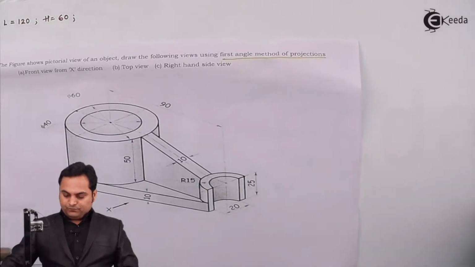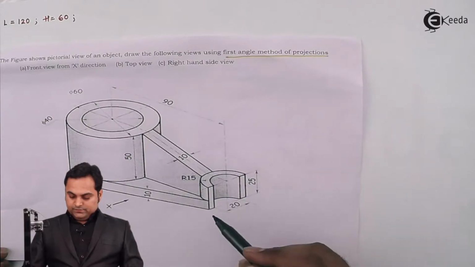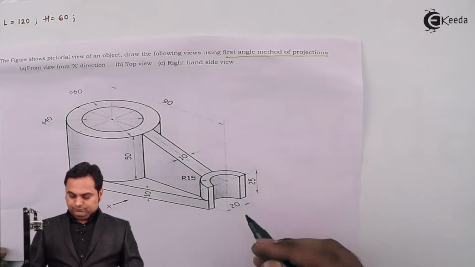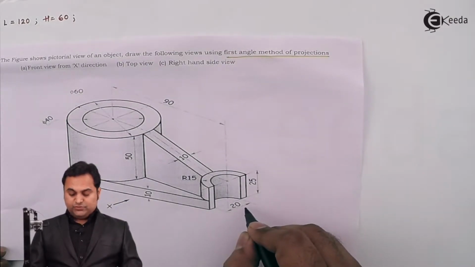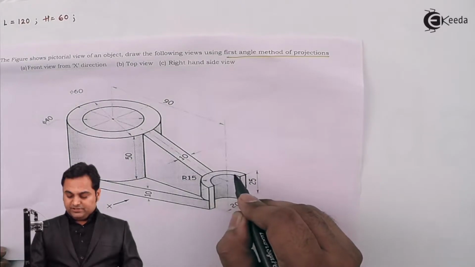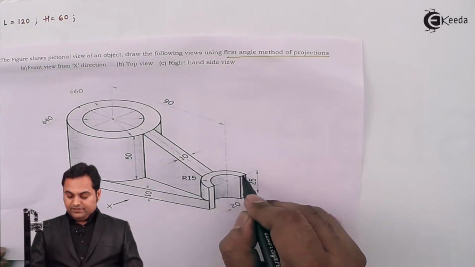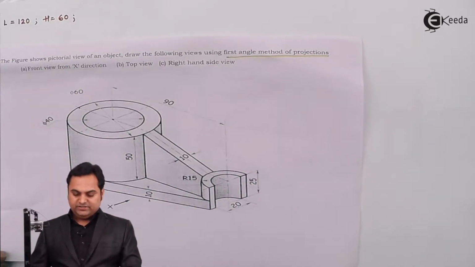Next, total width. Now if we see here, width is in this direction. Here we would be getting the width as, this is 20. Then the radius of this outer semicircle is 15, so diameter will be 30. But we want maximum width, so that is the total width.